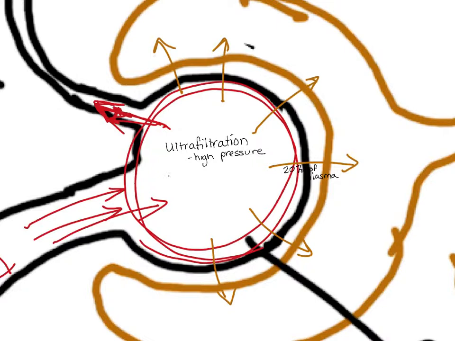So we've got this high blood pressure, and we also have what are called fenestrations. And fenestrations are very unique to the glomerulus in that the blood vessels have a kind of slits all along them, and those tiny little slits are going to stop any kind of red blood cells from making their way out.